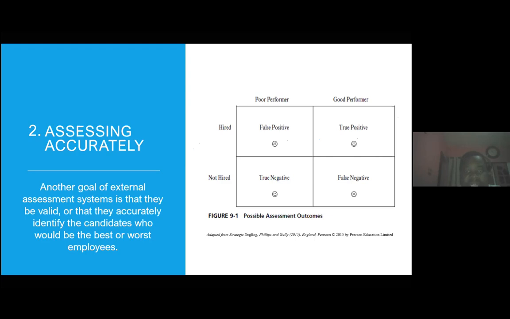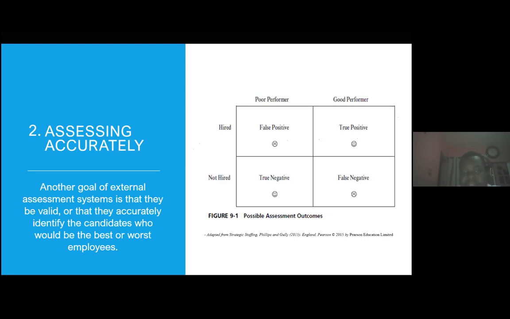What we are seeing here, we want to know how we know when an assessment is successful. An assessment is successful when job candidates fall anywhere in the top right-hand corner and the lower left-hand corner. That is the true positive and true negative area.